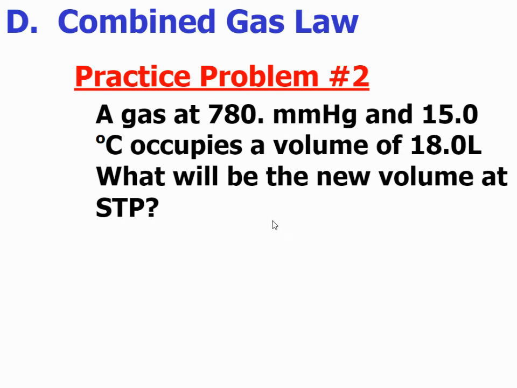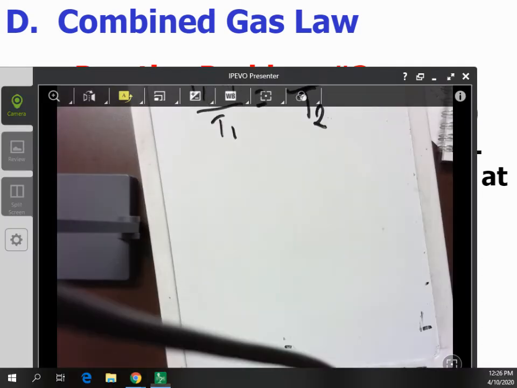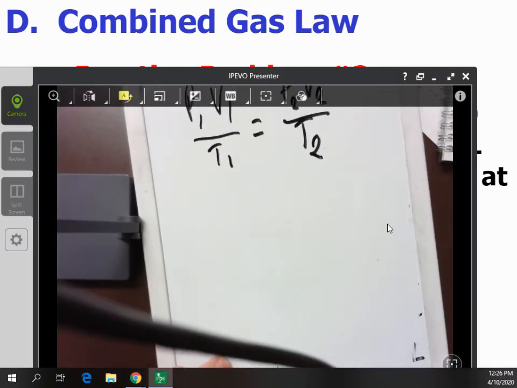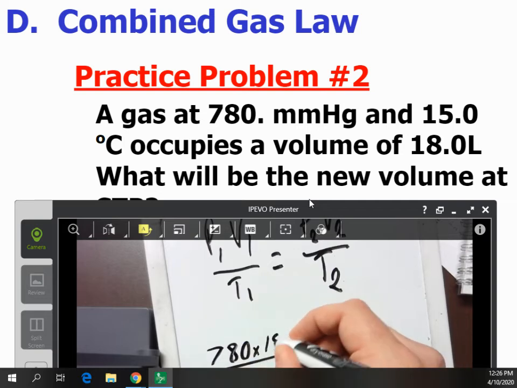What is the new volume? So we set it up the same way. We have our formula for support. So 780 times 15, and then divided by 18, divided by our Kelvin, which is 285.